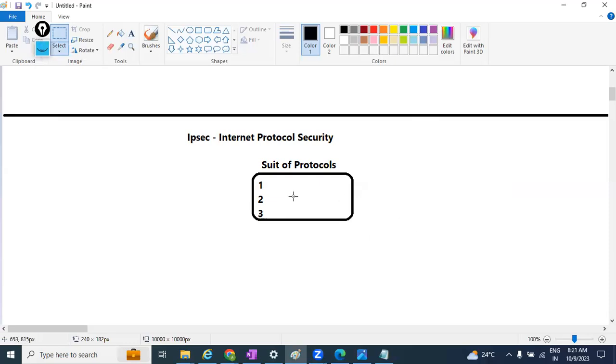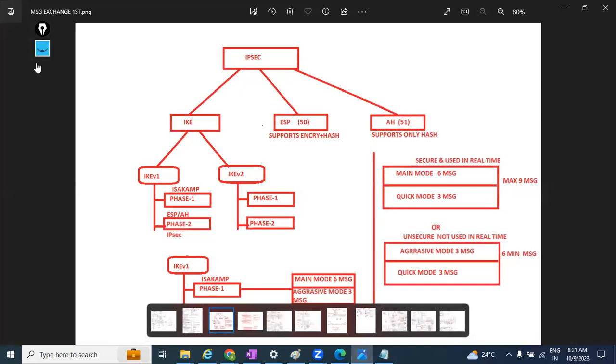So now I'm talking about IPsec here. What exactly is IPsec, this suite of protocols? We have a combination of 3 concepts here. The first is IKE, second ESP, and third is AH.